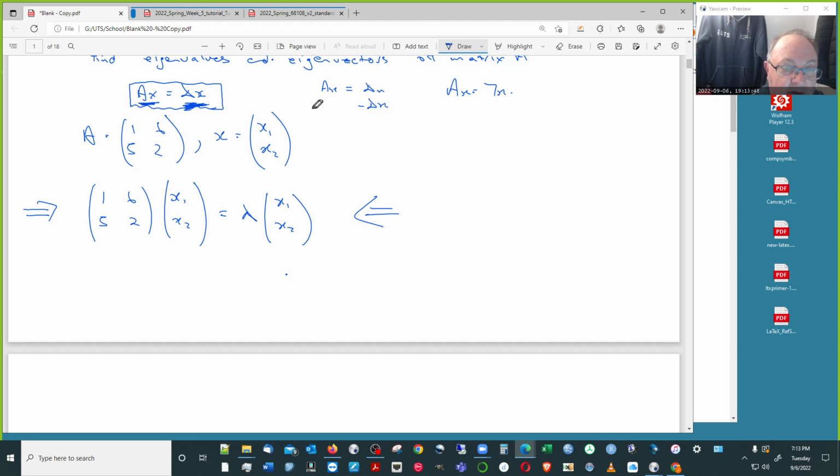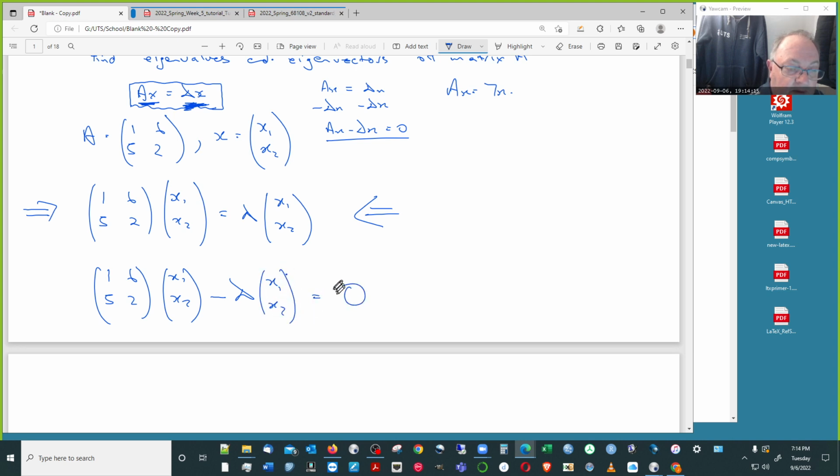What you do to one side, you do to the other, and so you get Ax minus lambda x equals 0. So that's typically how you interpret that. So if I do that here, there's a lot of repeating of matrix writing when you do it, so you'll just have to forgive me for that. Minus now what was on the right hand side is equal to 0. So that's the next big step.